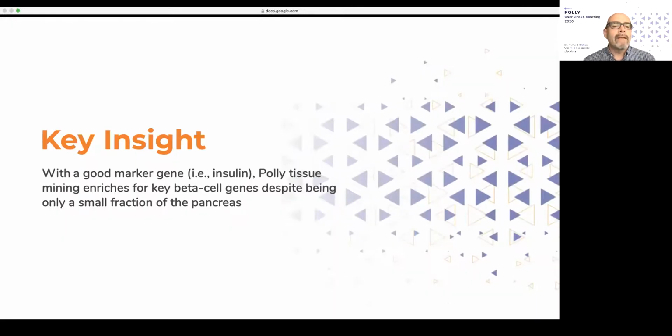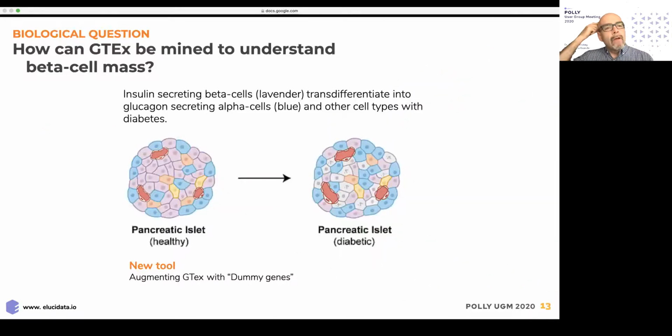All right, so a key insight from this first mini study is that with a good marker gene, such as insulin, polytissue mining enriches for key beta cell genes, despite being only a small fraction of the overall pancreas. But can we do better than this? Are there different ways of querying this data that can give us even stronger insights?